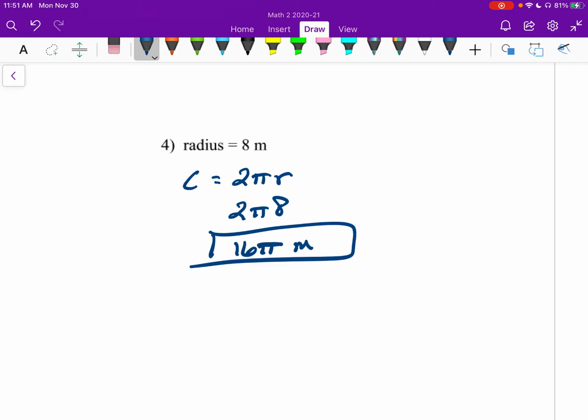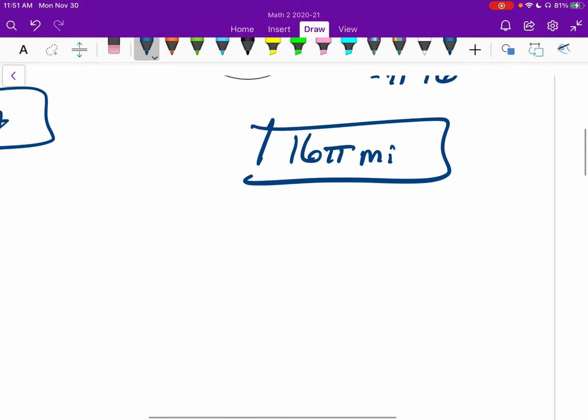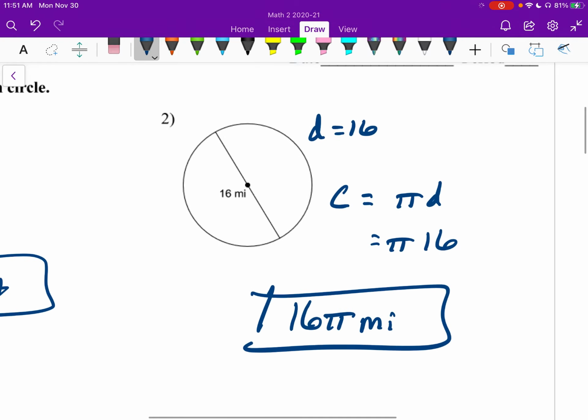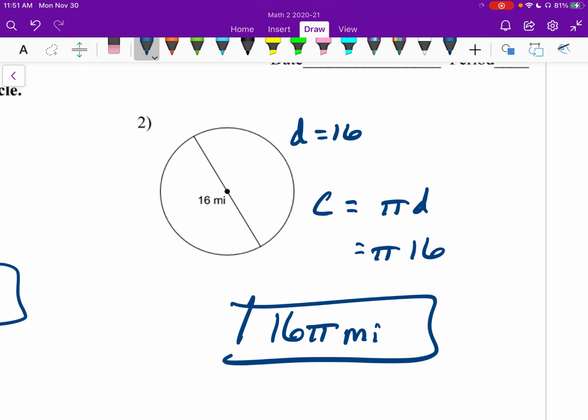All right. Just for a second, I want to go back up to number 2 and talk about it a little bit more. Say you don't remember the circumference formula, pi diameter. That's okay. You could say, well, my diameter is 16, so my radius is 8.